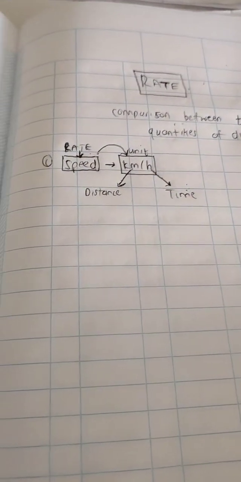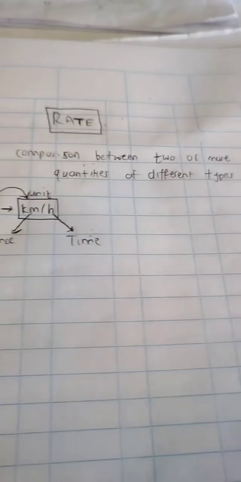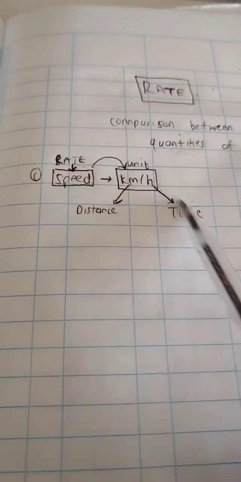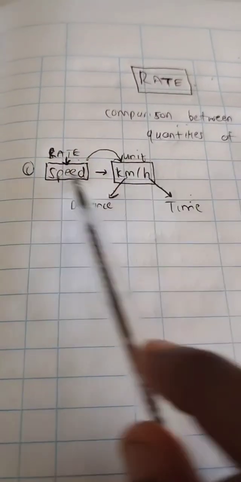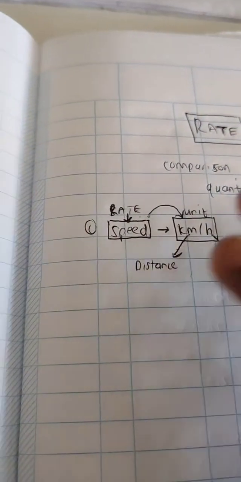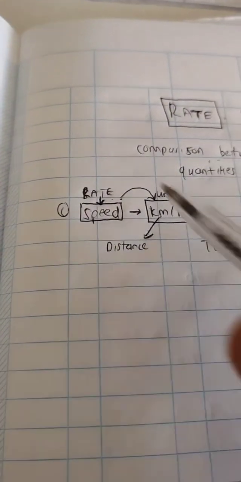Speed is a rate, because in order to manifest, you need to compare two quantities that have different units. Distance is in kilometers, whereas time is in hours. The comparison of both gives rise to speed. And take note of this, speed is not the only rate that exists in the world. There are many rates.